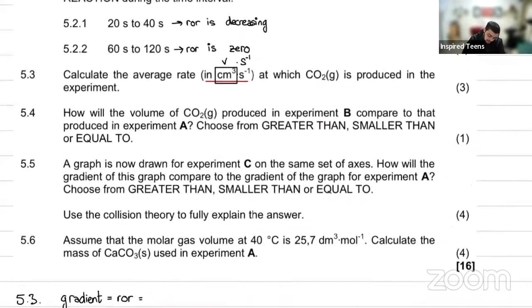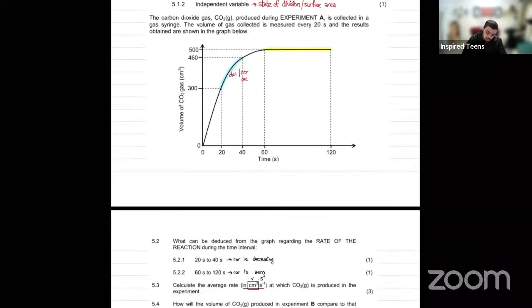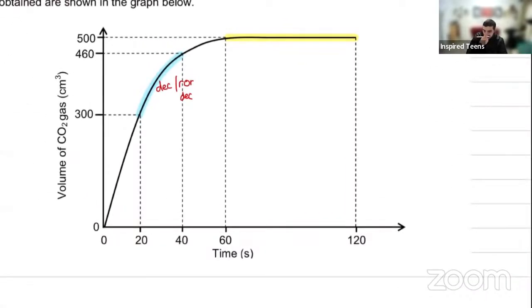Here we have, again, centimeters cubed per second at which CO2 is produced. So that's where we go to the graph. We first need to identify whether the graph is given in centimeters cubed, because we don't want to enter the wrong units. It is given in centimeters cubed, so that's fine. We don't need to convert. If it was given in decimeters cubed, we would need to convert to centimeters cubed before we put it into our formula.